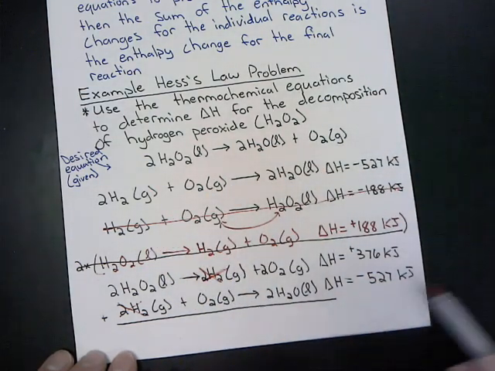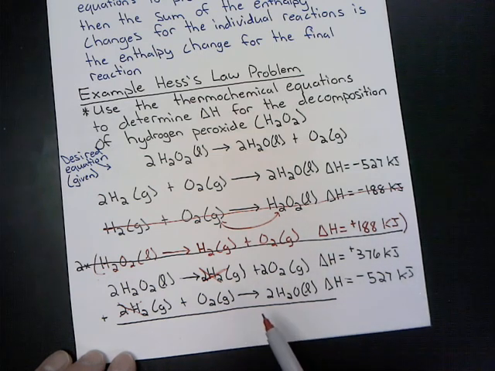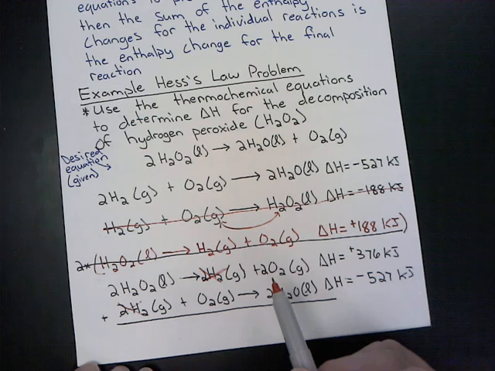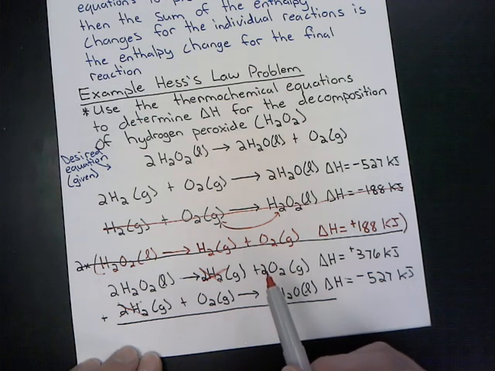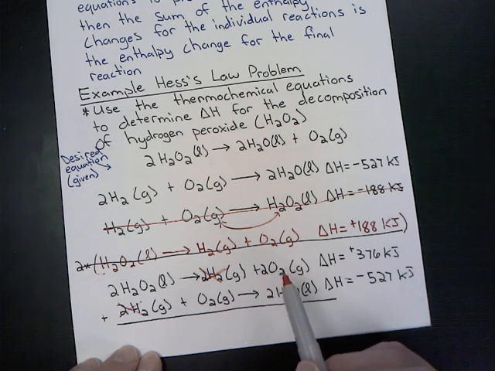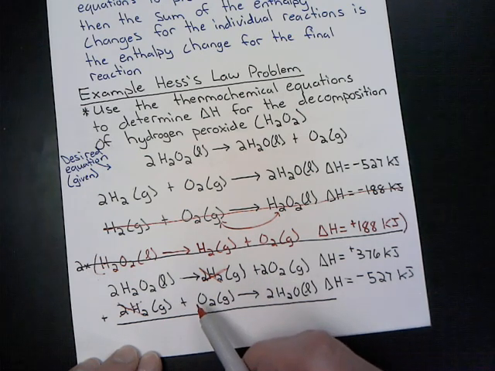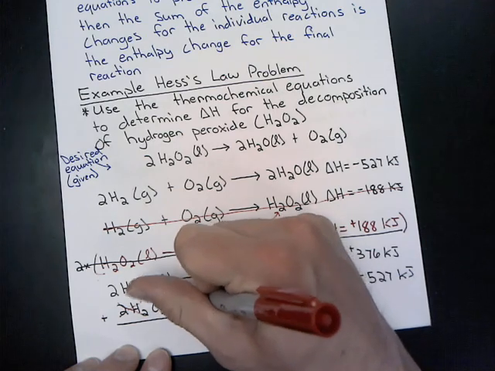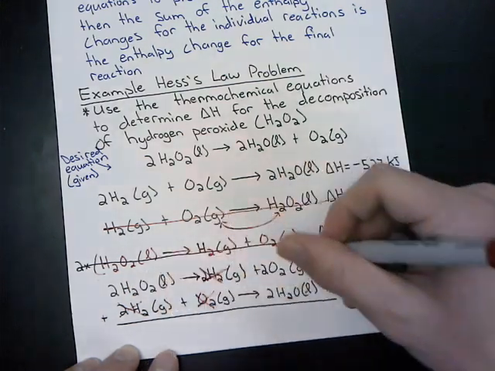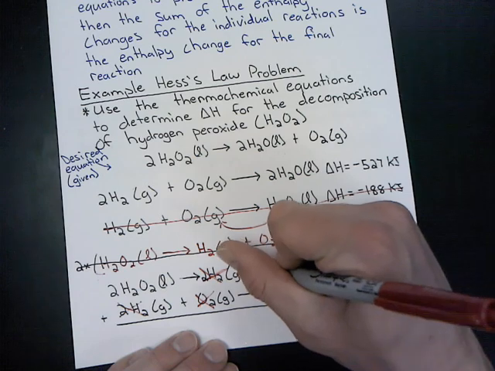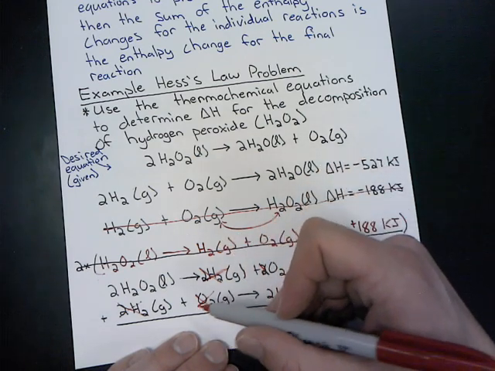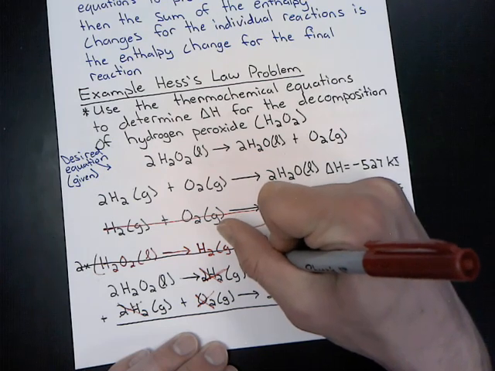Now, I keep looking throughout this, and I don't see anything that directly cancels, but this oxygen can be reduced. So I have two O2 on the right up top, and down here I have only one. So this will cancel out, and so this one right here, instead of 2O2, I canceled it with this 1, so I end up with 1.